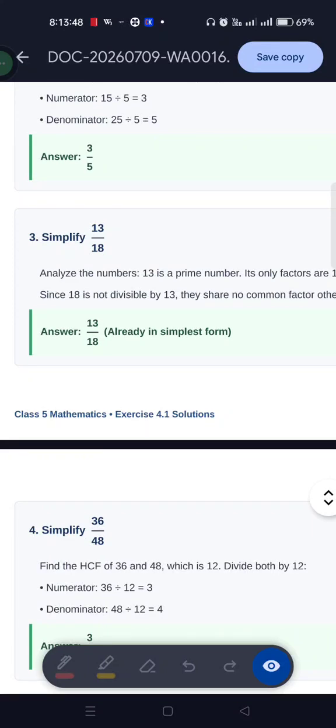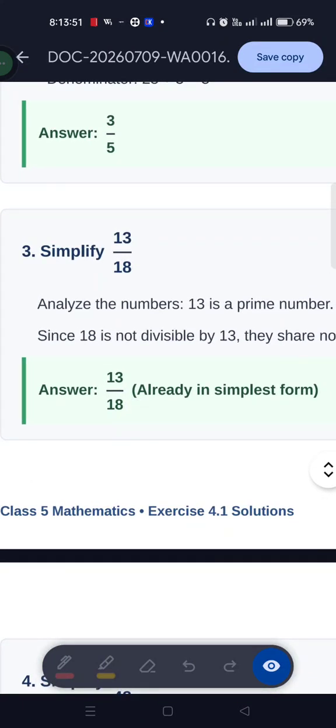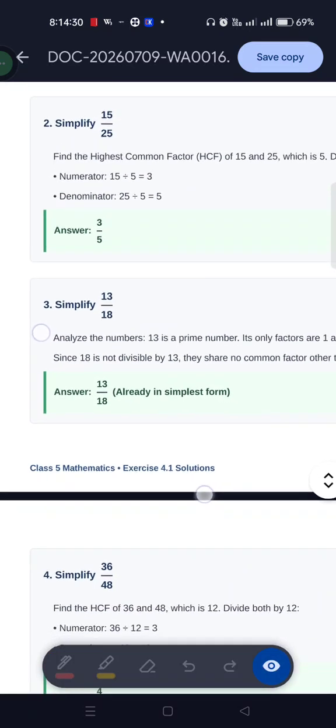First of all, by seeing this fraction you can say that these are numbers which are not coming in any common table. 13 is an odd number and 18 is an even number, and these are not coming in any single common table. So we can say it is already in the simplest form, and you can write here for analyzing.